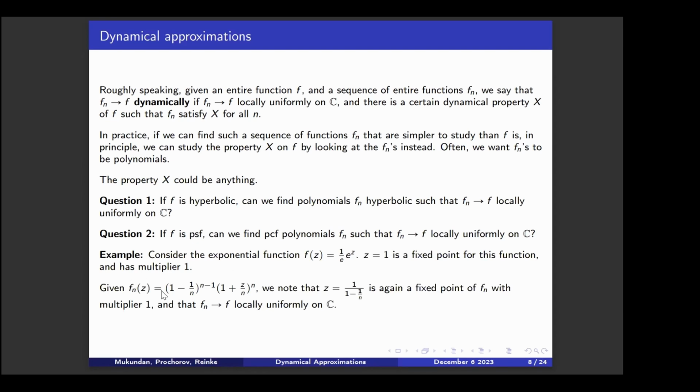So if you look at these polynomials fn with these coefficients out in front, we notice that z equals 1 over 1 minus 1 over n is again a fixed point of fn, and it also has multiplier 1. And you see that these points go to z equal to 1 as n goes to infinity, and the functions themselves go to f as n goes to infinity. Okay, so this is a dynamical approximation.